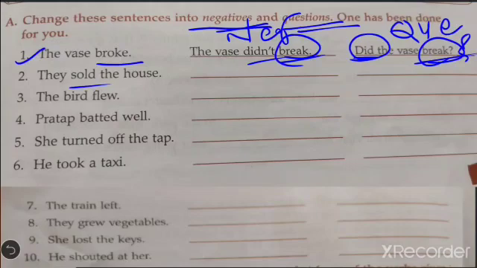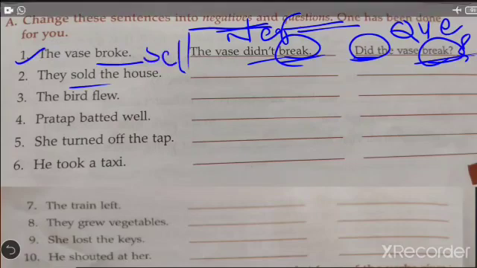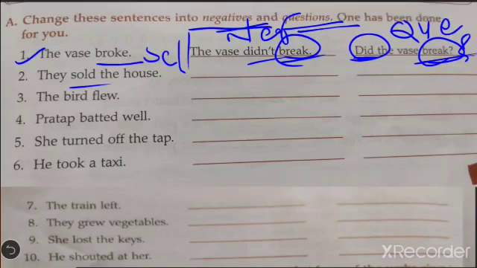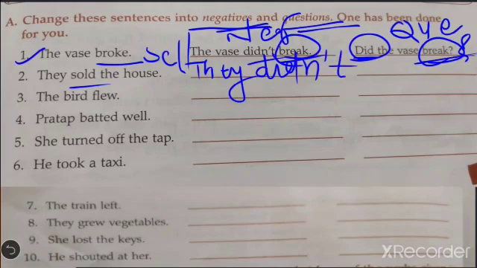Now students, which word is in a past form in this sentence? Sold. Sold is a past form of sell. So by turning into negative, you have to write they didn't sell the house.